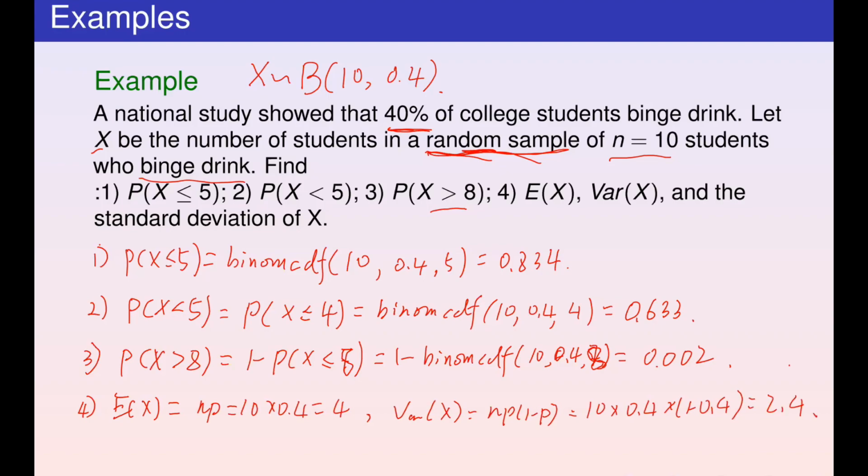And the standard deviation is the square root of the variance, the square root of 2.4, which is 1.549. So that's how we got all these values.